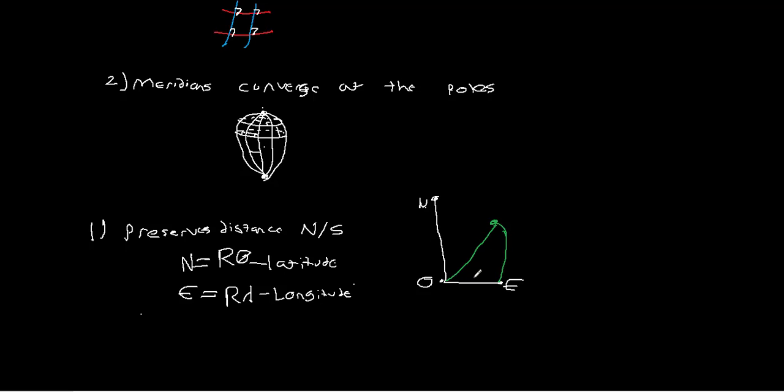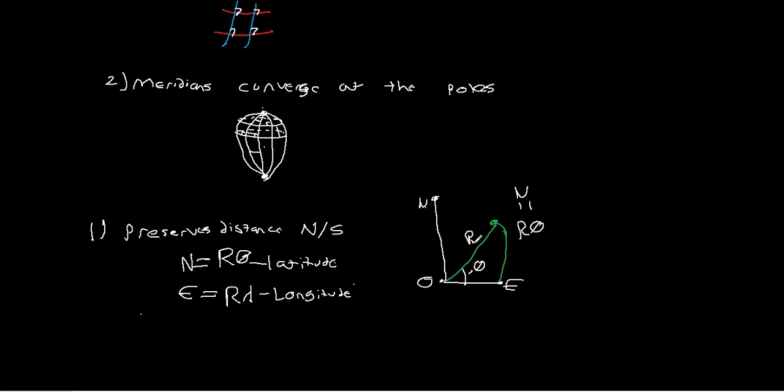We're saying the length going from the equator north or south is going to be equal to the radius of the Earth times this angle right here, which is our latitude. So this is our northing. And we can do the same thing for easting, where we would simply be going the radius of the Earth times the longitude that we were given.